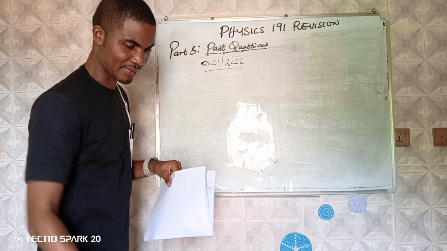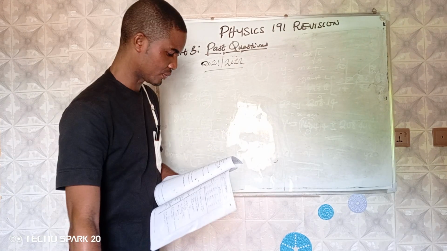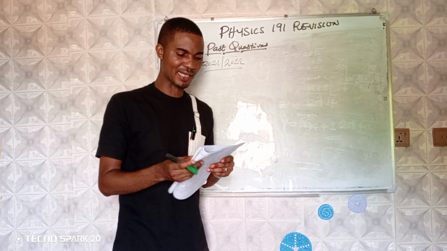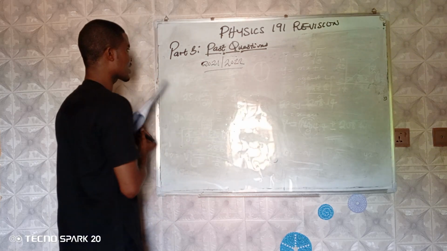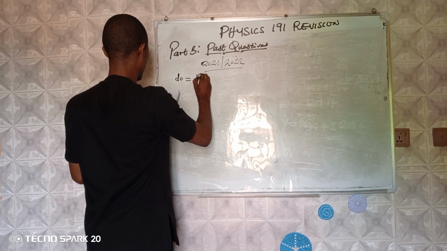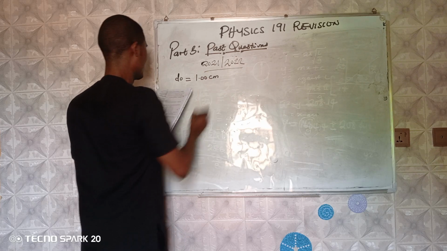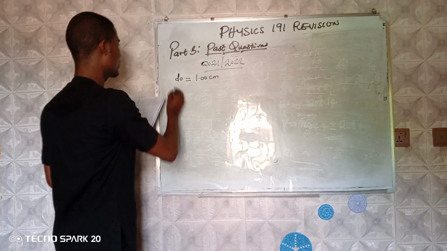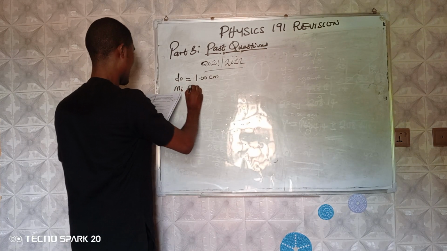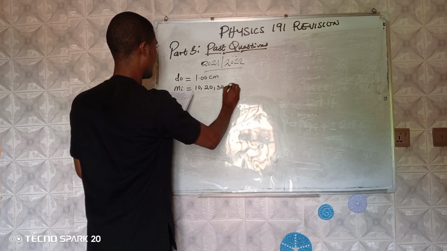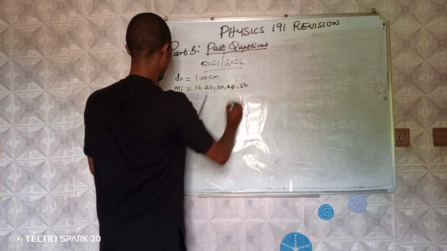Now, let's see the questions that came out in 2021 and 2022. The first one will say a spiral spring of length D0 to be 1.00 centimeter. Then it is loaded with masses Mi of 10, 20, 30, 40, 50.